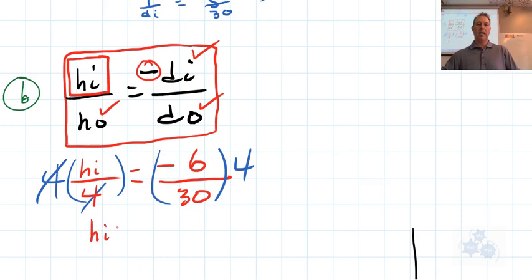So I'm just left with HI equals, now what's negative 6 times 4? Negative what, 24 over 30. Come on now, there we go. Because that 4 is like a 4 over 1. Okay, does that look good?